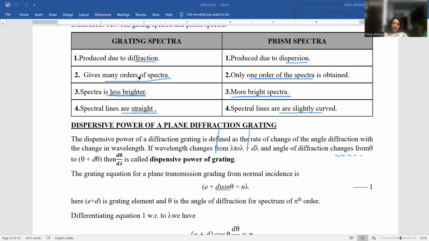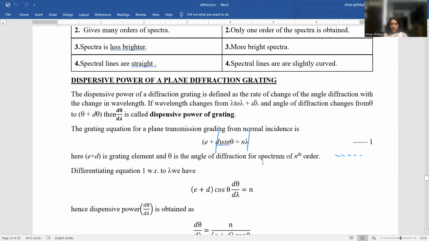Dispersive power in any optical apparatus, be it prism, grating, or a plain glass plate, is defined as the rate of change, in this case of diffraction, of angle of diffraction with change in wavelength. d theta upon d lambda is known as dispersive power, and very easily we can find an expression.